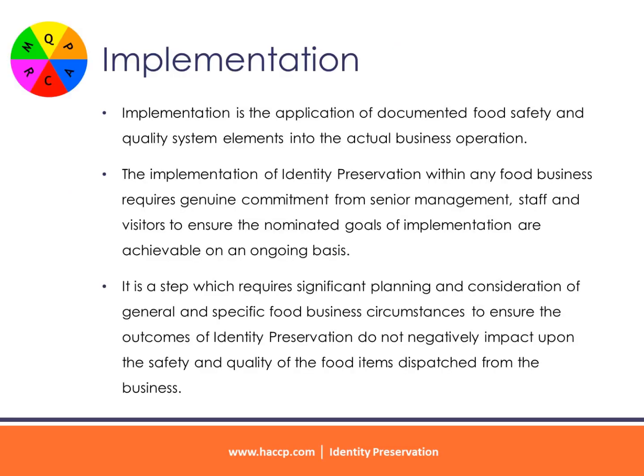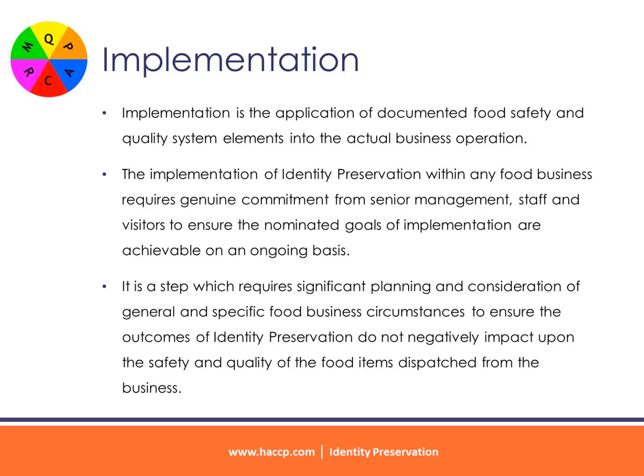Implementation. Implementation is the application of documented food safety and quality system elements into the actual business operation. The implementation of identity preservation within any food business requires genuine commitment from senior management, staff and visitors to ensure the nominated goals of implementation are achievable on an ongoing basis.